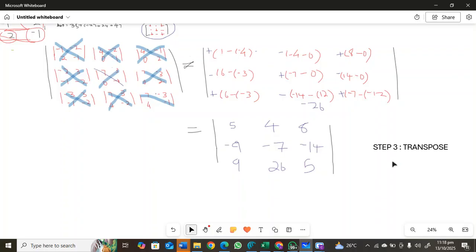Negative 14 minus 12. That's wrong. Because negative and negative, you go further along the number line. You go further because it's negative and this minus, so you go further left along the number line. So I don't know how you're punching it in the calculator.